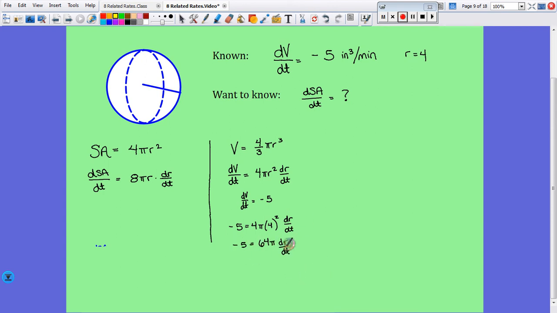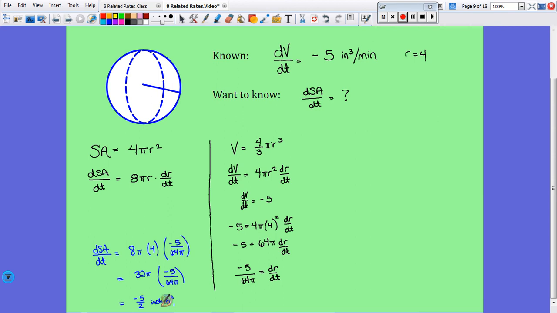So we have negative 5 equals 64 pi dr/dt, and so negative 5 over 64 pi equals dr/dt, and now we can plug that into our surface area derivative. dSA/dt equals 8 times pi times r times dr/dt. So we have 32 pi times negative 5 over 64 pi, which is negative 5 over 2, and it's inches squared per minute.